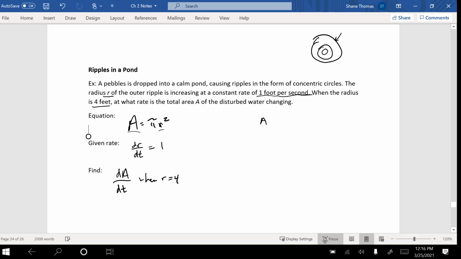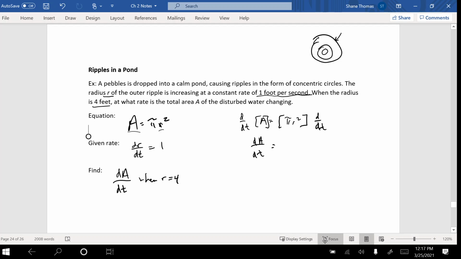All right, so let's take that equation we just worked with and differentiate both sides of the equation with respect to t. All right, so left side, derivative of A is just going to be 1, and that would be dA/dt. The right side, we apply our rules to that.